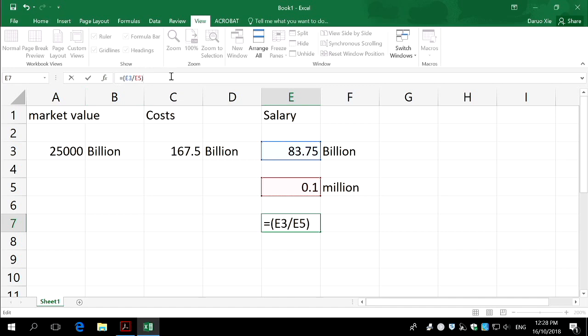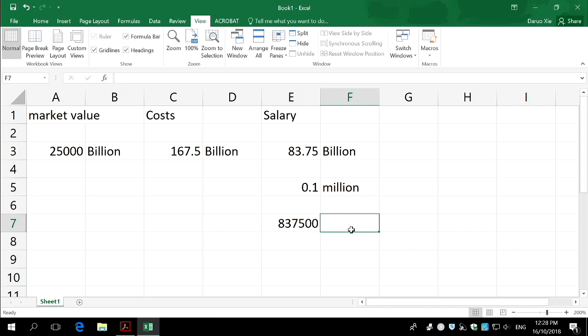Because it's billion over million, then times 1,000. Is that correct? So roughly how many? Roughly 1 million employees, right? This is 0.8. This is a very rough estimation. So this is how many workers you can hire. So 1 million finance workers just depend on this cost.